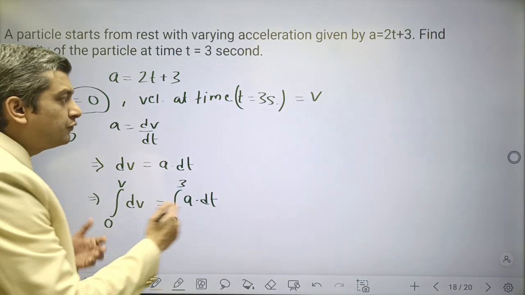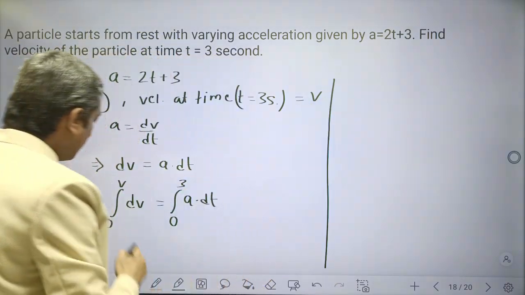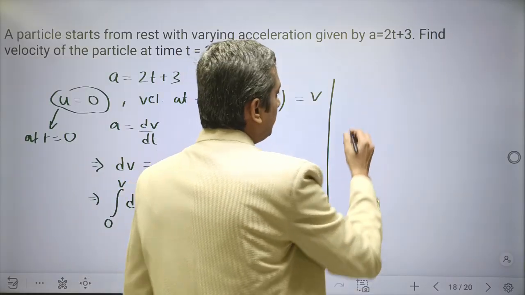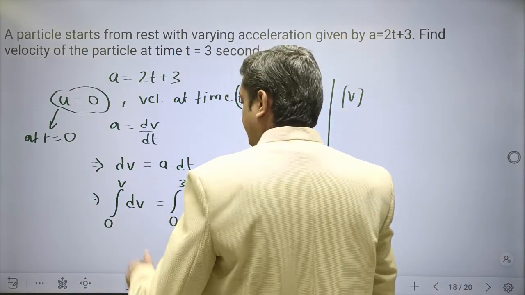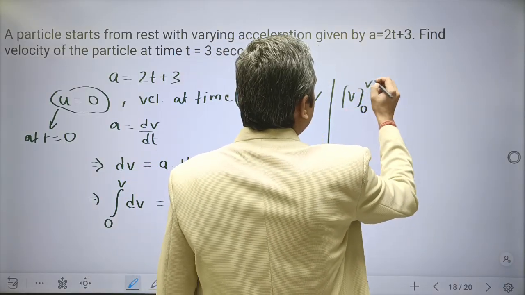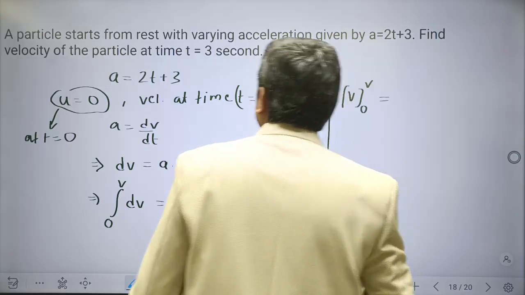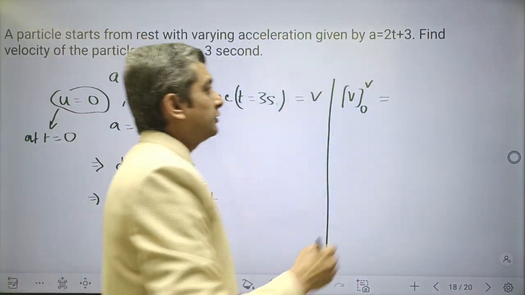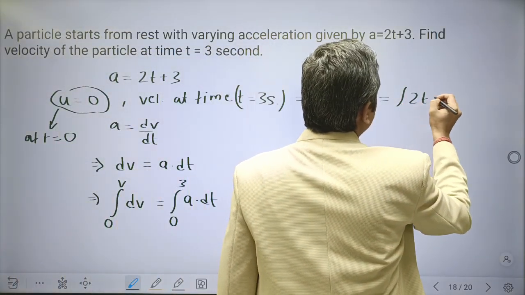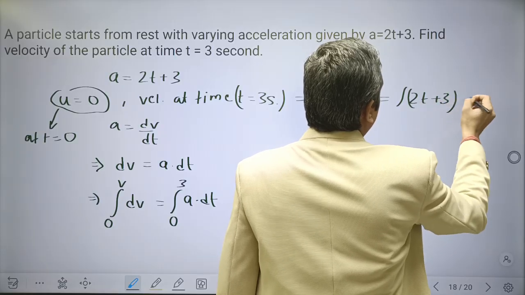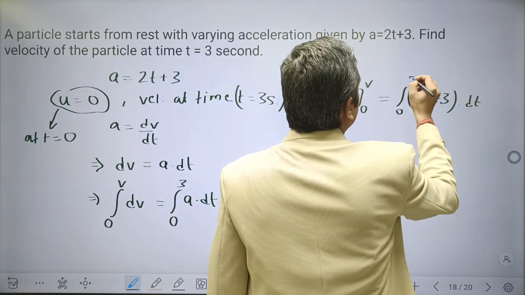So this is how we put the limits. So on further solving, the integral of dv from 0 to v, and here we put the expression of a, that is integral of 2t plus 3, and the limit is from 0 to 3.